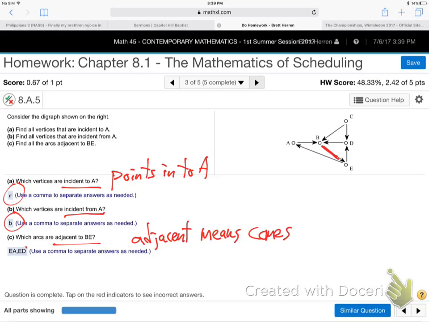I'm not going to put that on the test. Comes after. So which ones come after BE? So after BE, you can go EA or ED. That's what it means. Is that good? Skip along from there. All right, you okay?